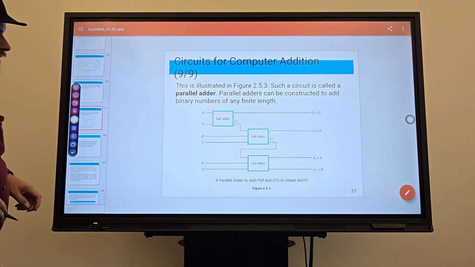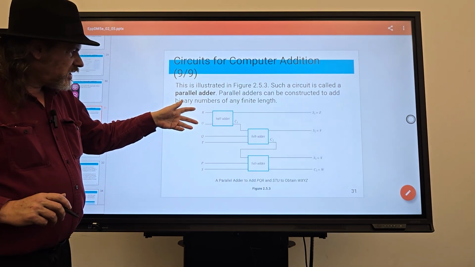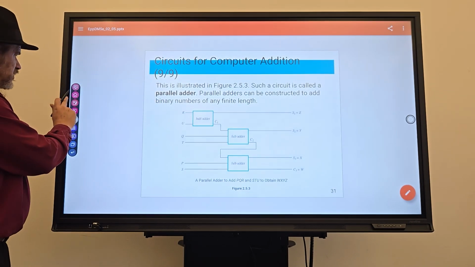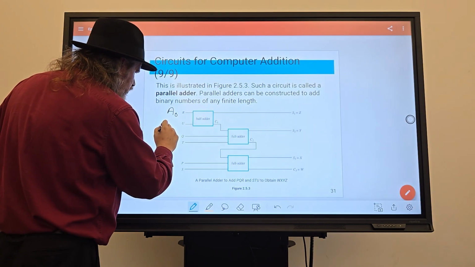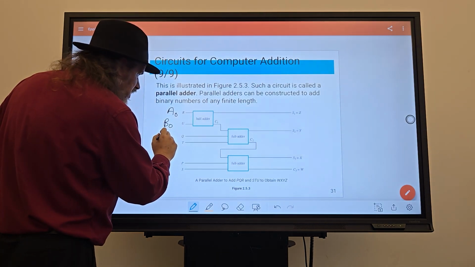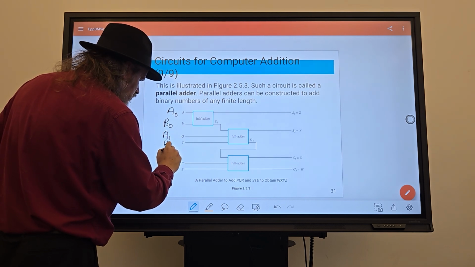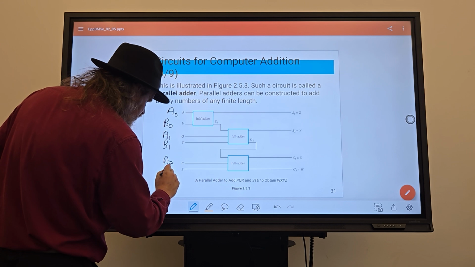You have your binary numbers. Say this is A1, A0, B0, A1, B1, and A2 and B2.